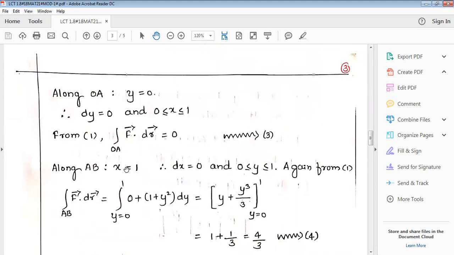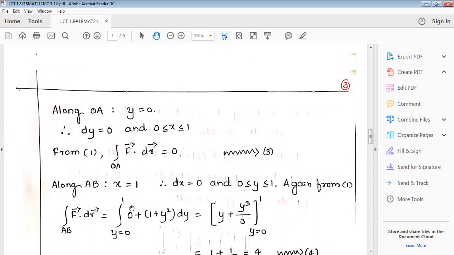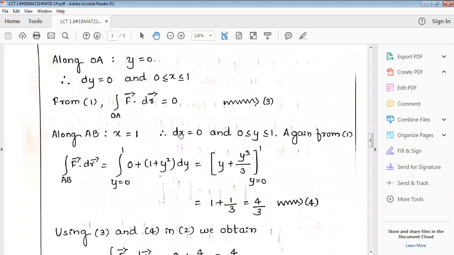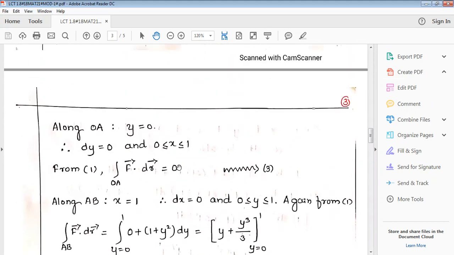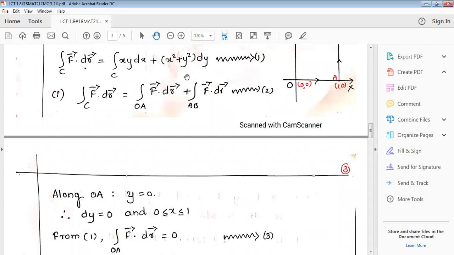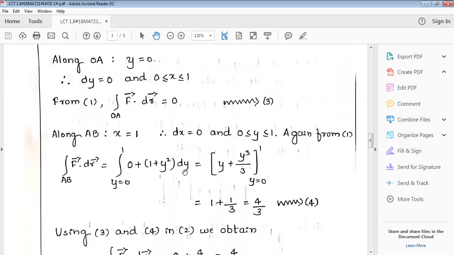Then along AB, x is 1, therefore dx is equal to 0, and y lies between 0 and 1. Again from equation 1, the integration over AB of F dot dr, where y varies from 0 to 1, becomes xy dx, which is 0 since dx is 0, plus (x² plus y²) dy. Since x is 1, it is (1 plus y²) dy.